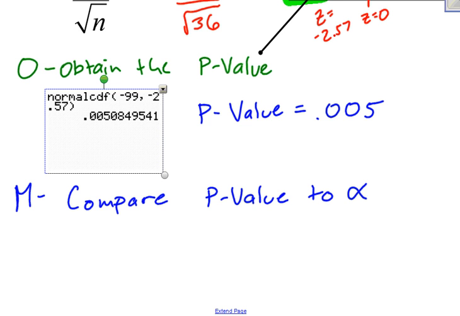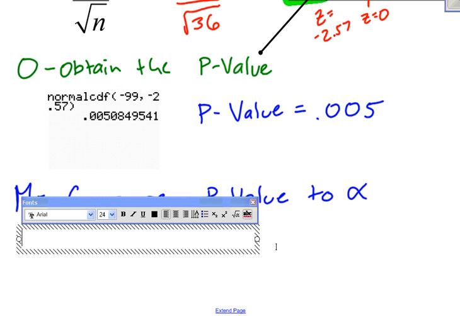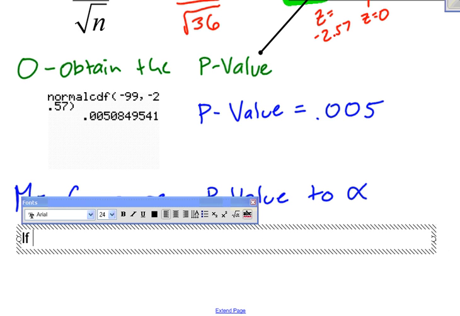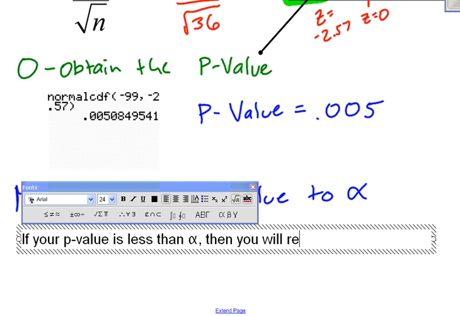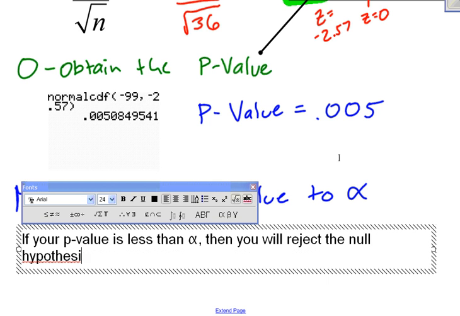Now, there's two things that come up. I'm going to type this in because it's a little bit easier to type than to write it. When you make your decision, one of two things will be true. If your p-value is less than alpha, or your level of significance, then you will reject the null hypothesis.